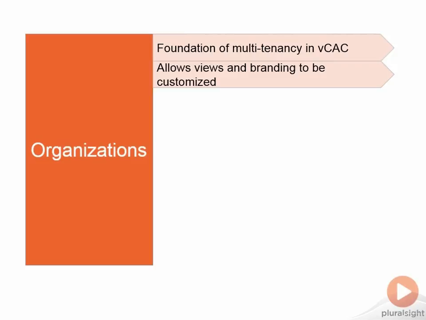So vCloud Automation Center allows you to really customize the view that your users are seeing, and it's done through organizations. Organizations are mapped to these customizations because they're kind of their own little contained unit, right? You can make global items and global settings across an entire deployment, but organizations are really the foundation for where things can be customized and where things can differ and be more specific to a unit or to something that has its own properties.